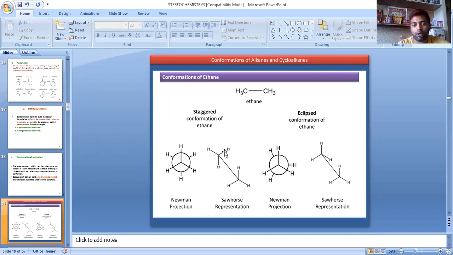If the atoms connected to both the back carbon and front carbon are in the same Y shape, then it is the eclipsed conformation.